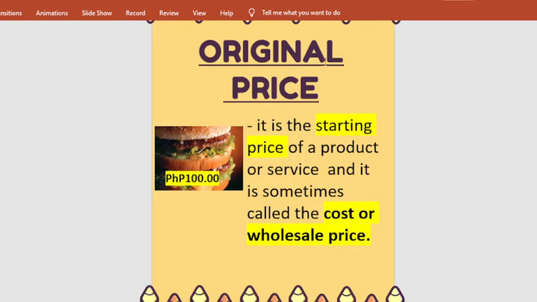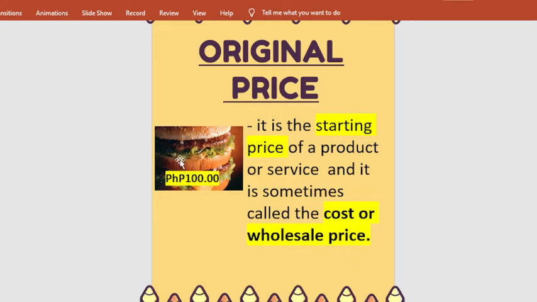Okay? So, original price, it is the starting price of a product or service, and it is sometimes called the cost or wholesale price. Okay, again, yung original price, ang tawag po dyan ay yung starting price. Okay? And it is usually called cost or wholesale price.